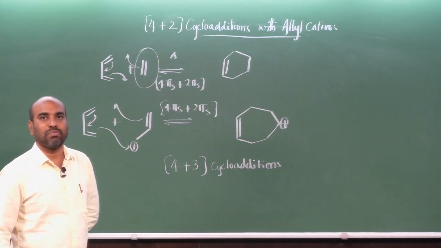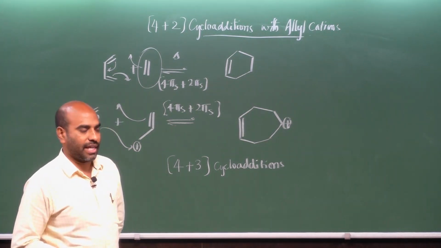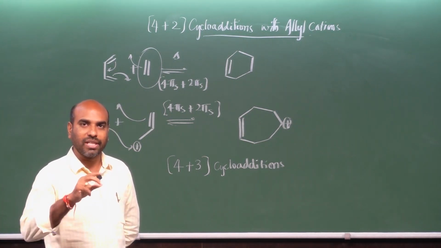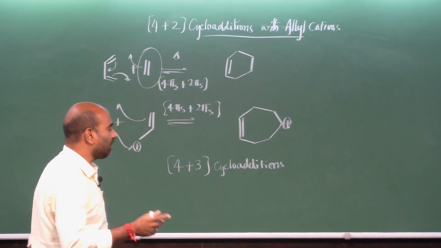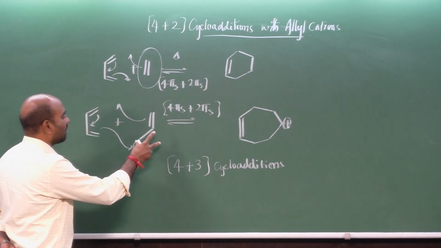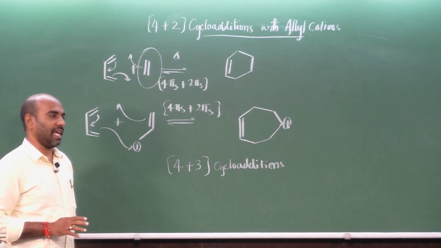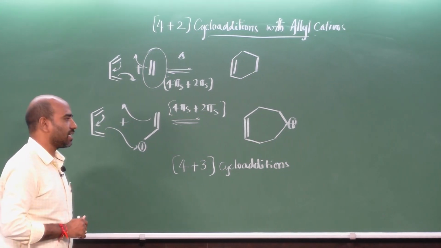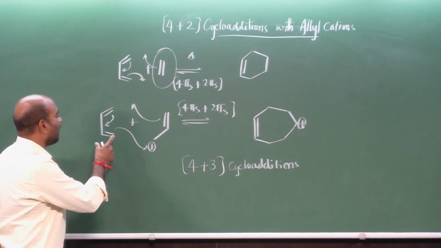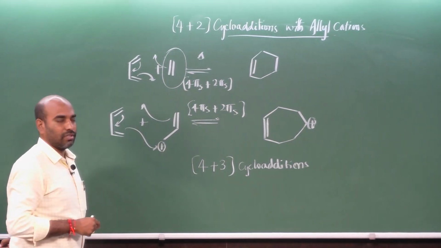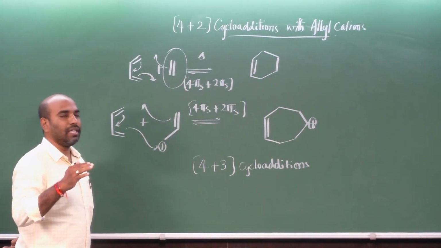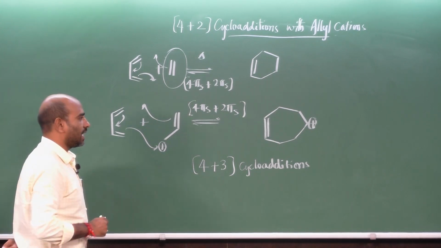Electronically they are absolutely similar to the Diels-Alder reaction. Based on the number of electrons given by the diene part as well as the dienophile part, they absolutely imitate the Diels-Alder reaction. But based on the number of atoms involved, they differ slightly from the Diels-Alder reaction.